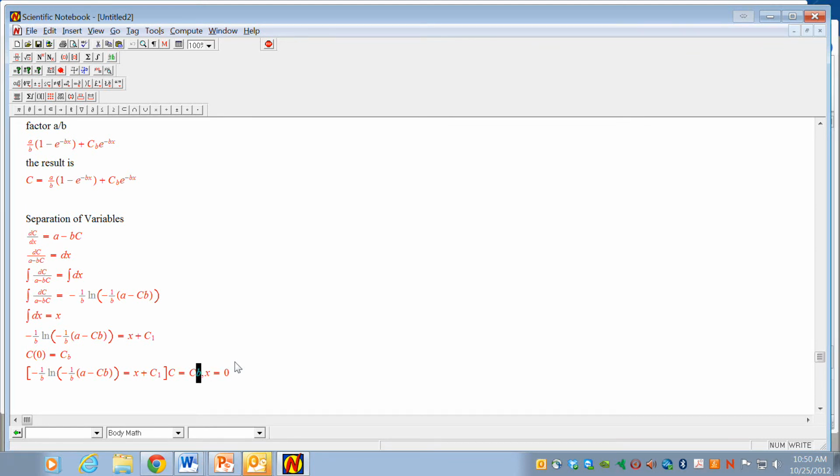So I make CB a subscript, and then I make all of this stuff here a subscript. Now, this is the format that Scientific Notebook uses for substitution. It's going to take these two expressions and substitute it into this stuff here. So when I do that, I'm going to hit evaluate here, and here's the result.